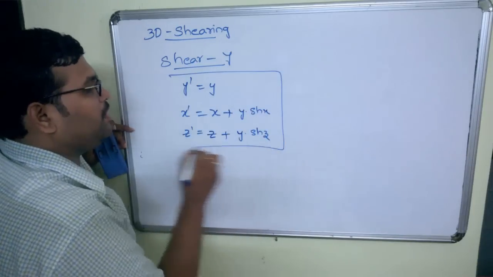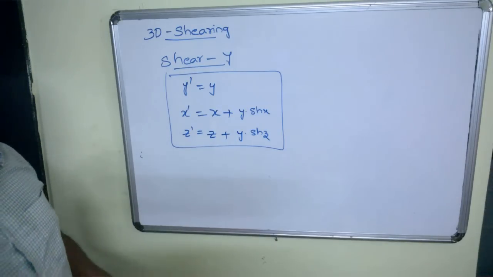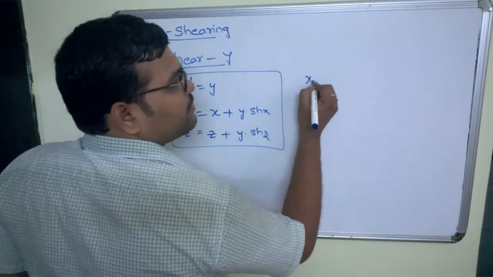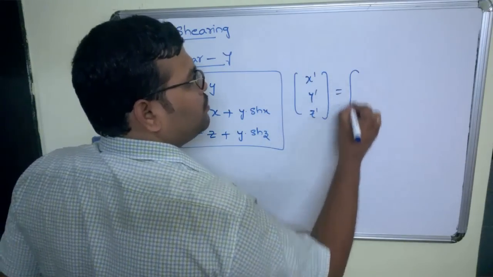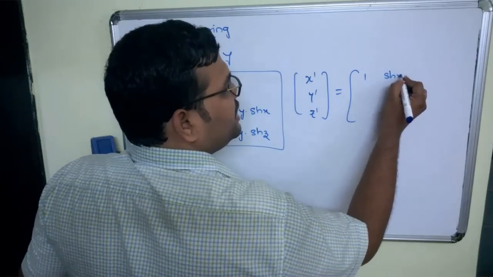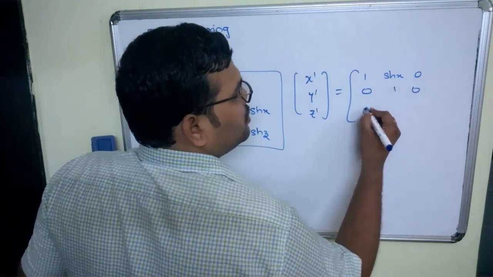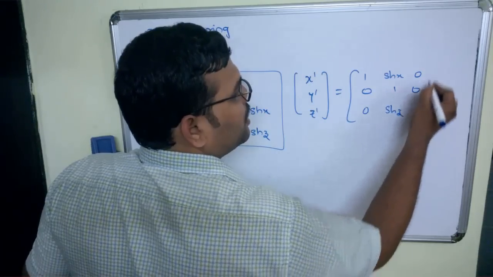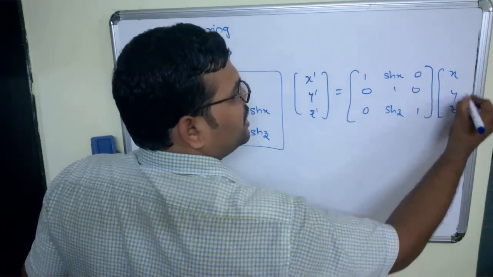So this is the formula for shearing with respect to the y axis. So if we write in matrix format, x', y', z' is equal to 1 shx 0, 0 1 0, 0 shz 1 into x y z.